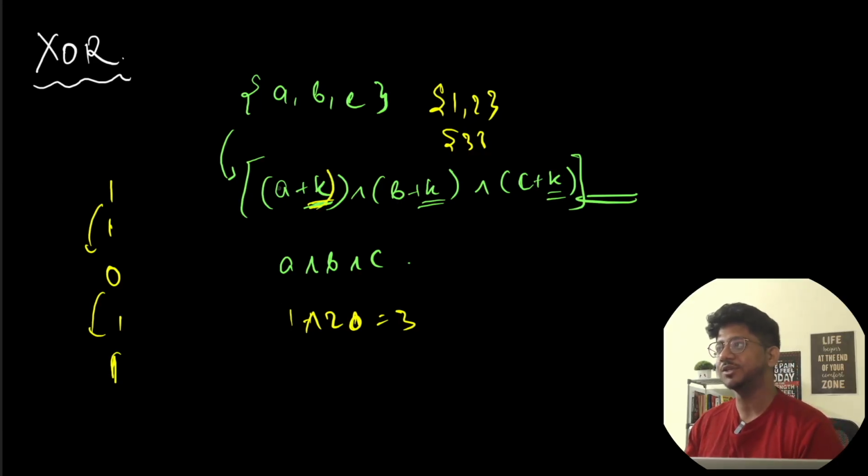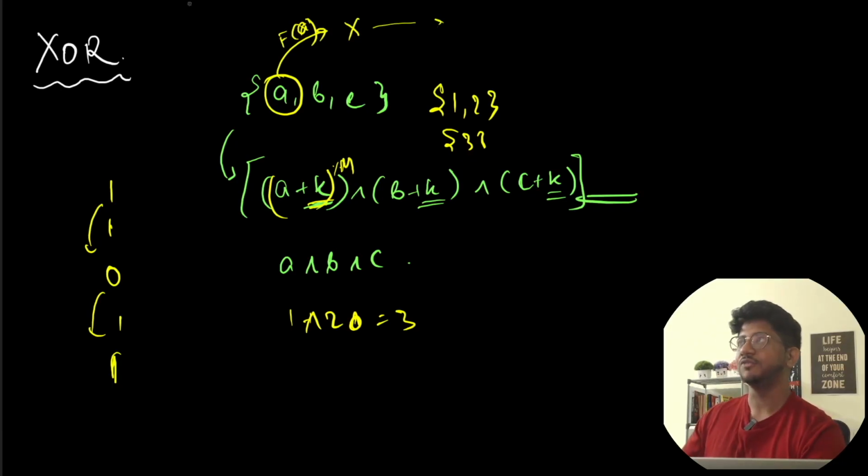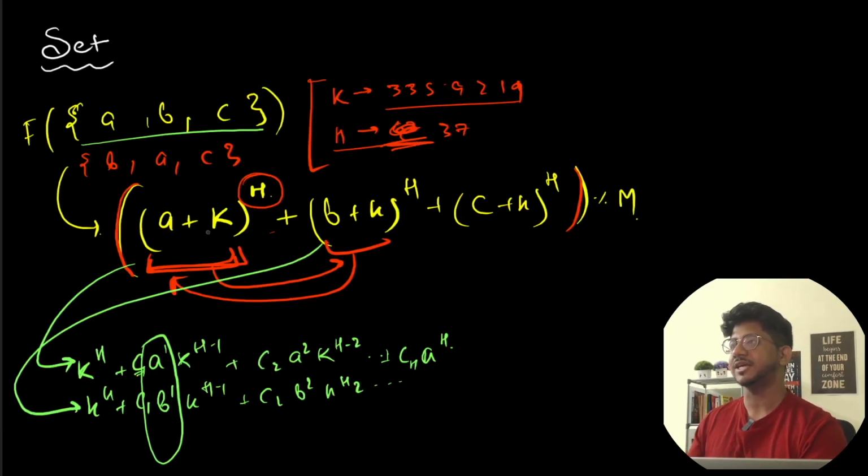You can, if you want, use a mod inside this: each element is converted to some other element x using some function, and then that gets into the collection. If you see in the previous set one, each element a got converted to (a plus k) to the power h, and then that got added in the collection.